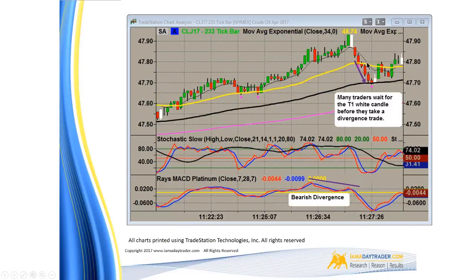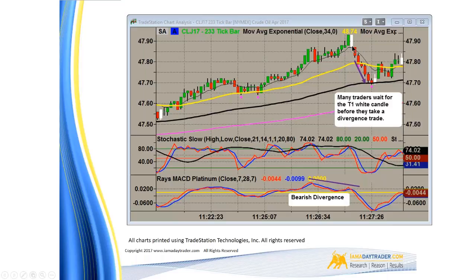There's a different way to have a better trade than waiting for a T1 candle on a longer-term time-based chart. Again, when Ray talks about a divergence, he's using the T1 candle as the confirmation that the bearish divergence is coming in: a new high in price versus a lower indicator, and waiting for that T1 candle to appear.